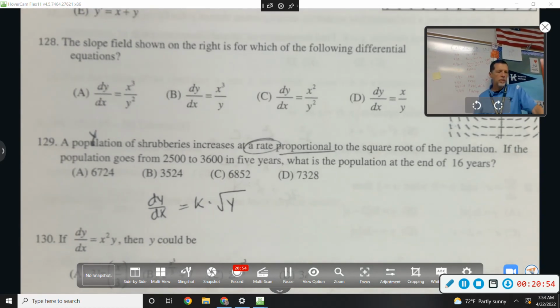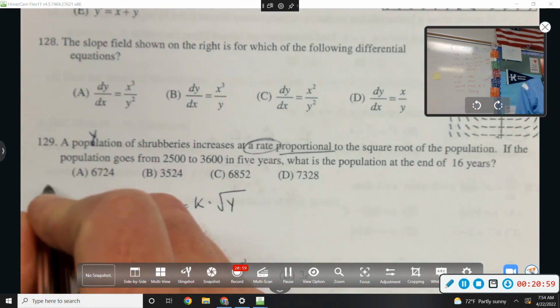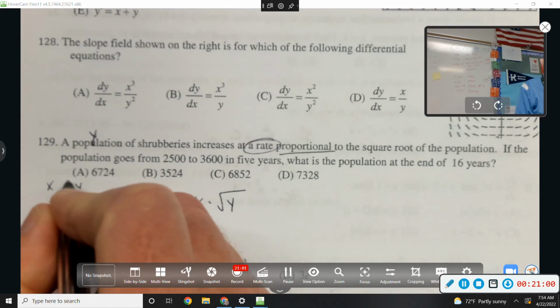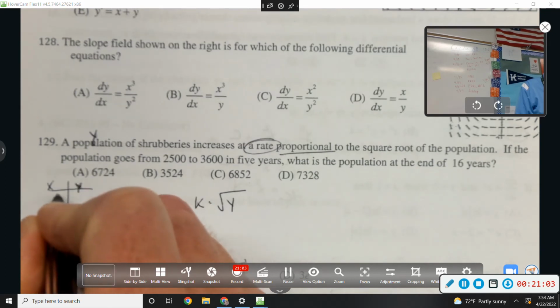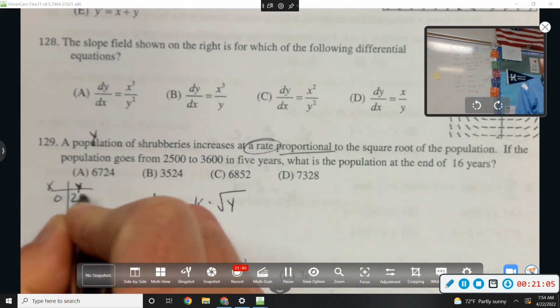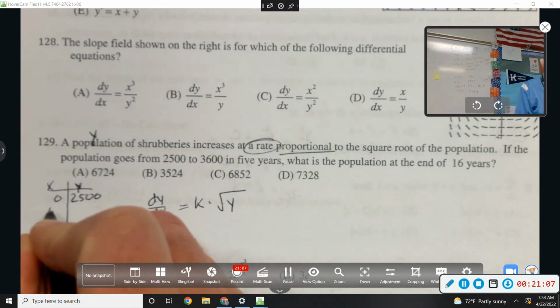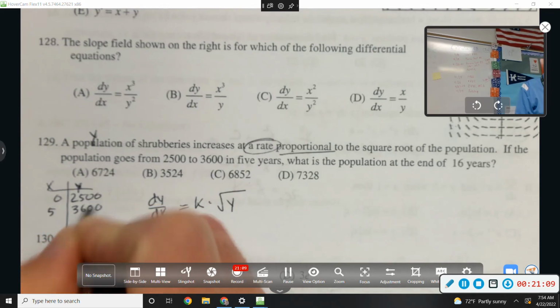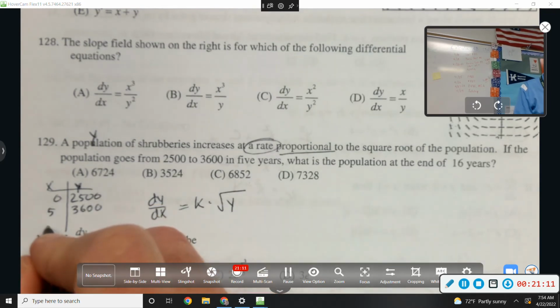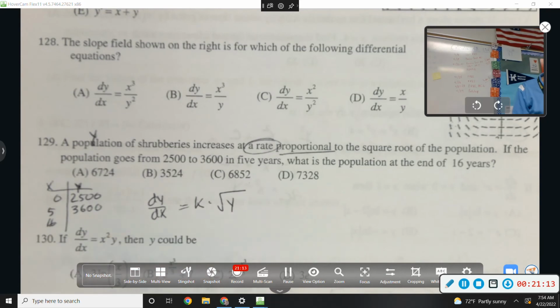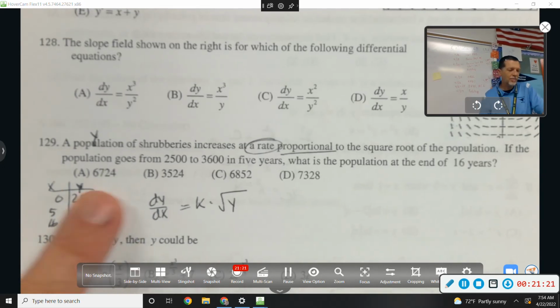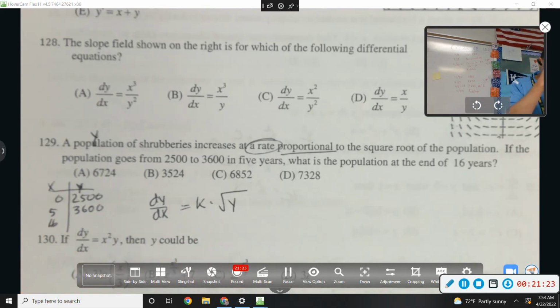If the population goes from 2,500 to 3,600 in 5 years, so at time 0, population was 2,500. Time 5, it was 3,600. Time 16, I don't know yet. I do see that 2,500 and 3,600 are perfect squares, so that probably will be helpful here in a minute.